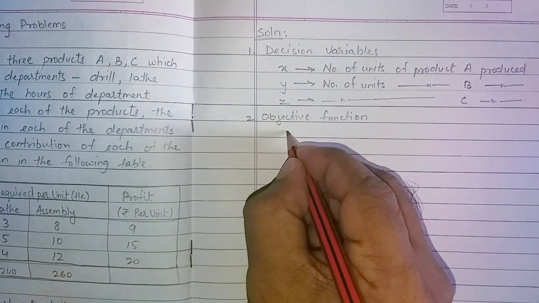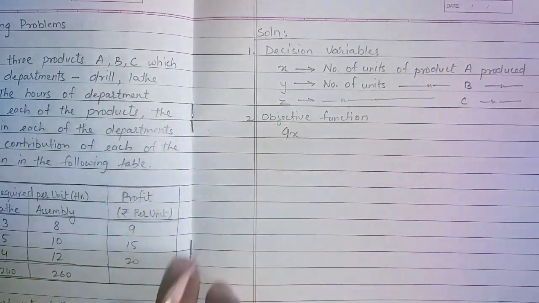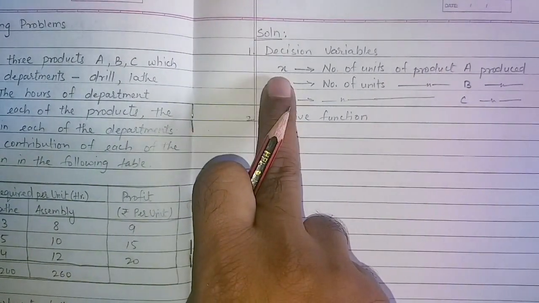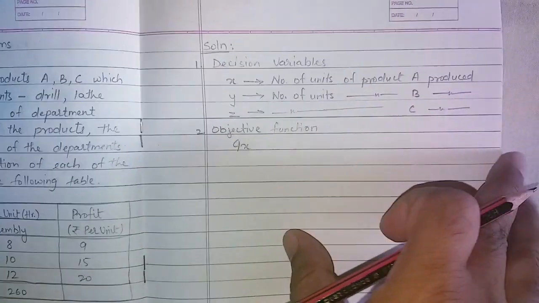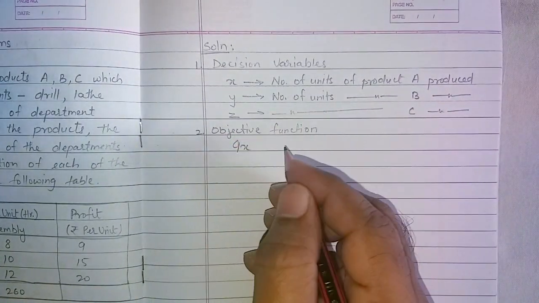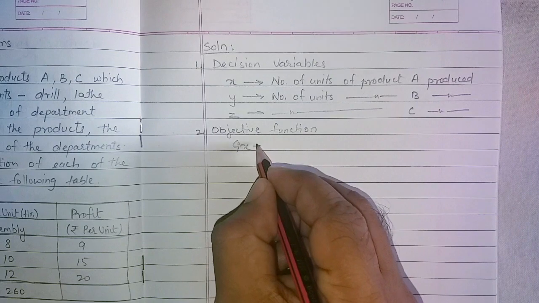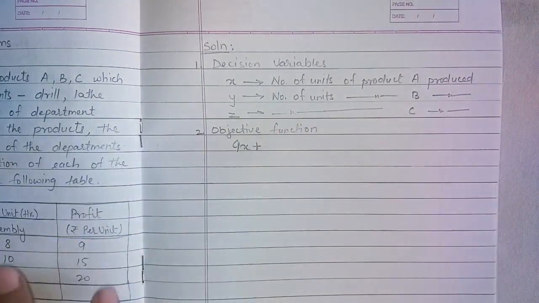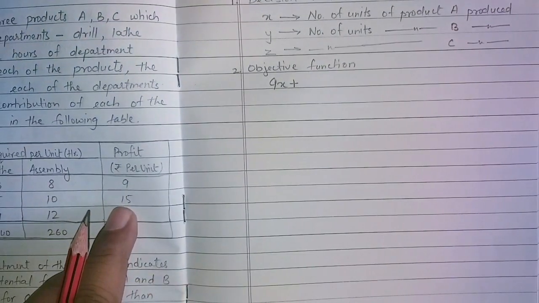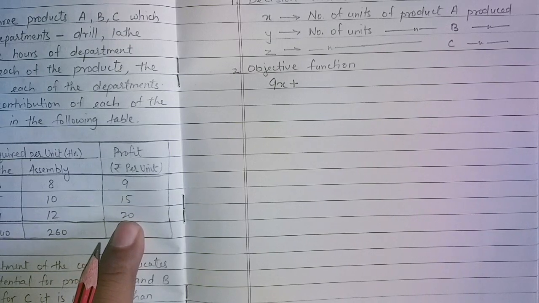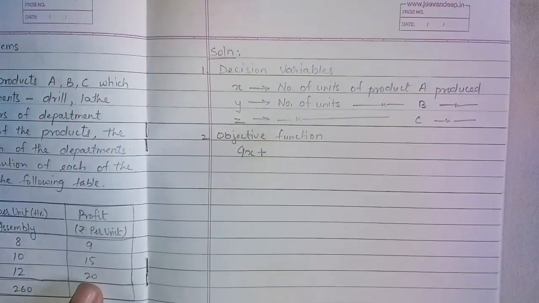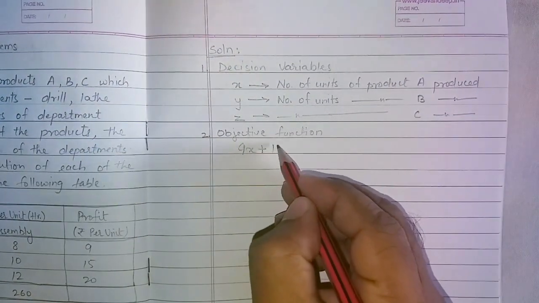So this will become 9x, where x is the number of units of product A, plus 15y plus 20z.